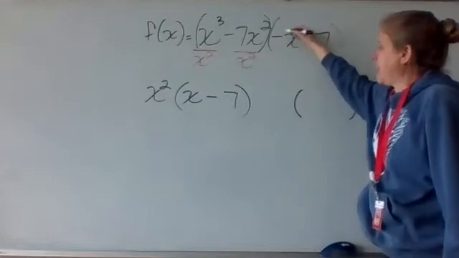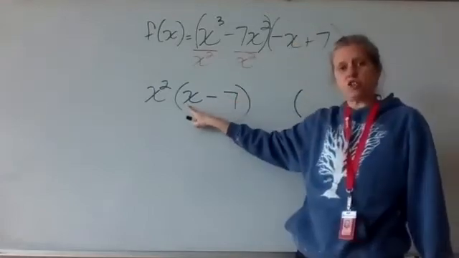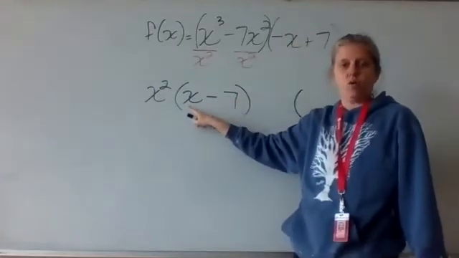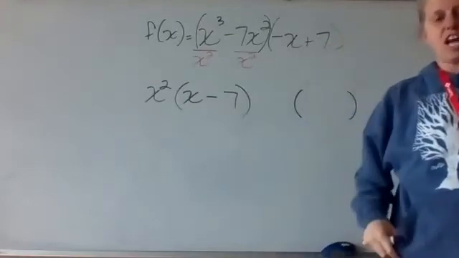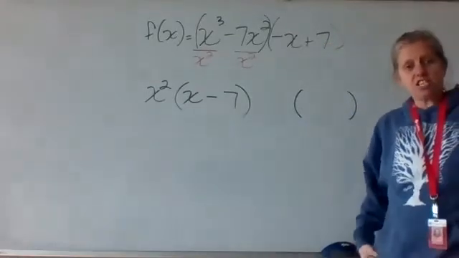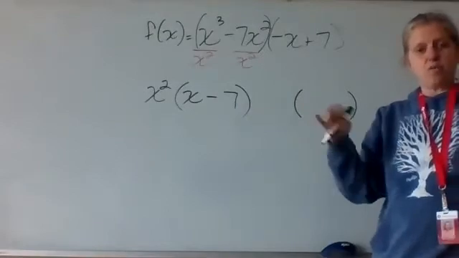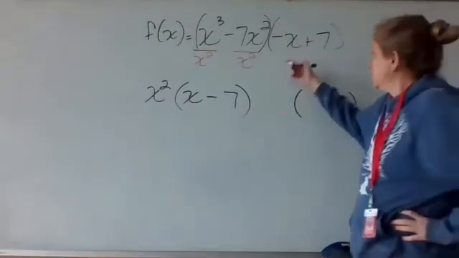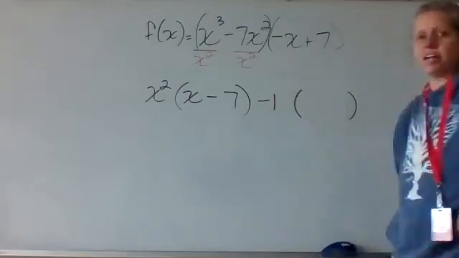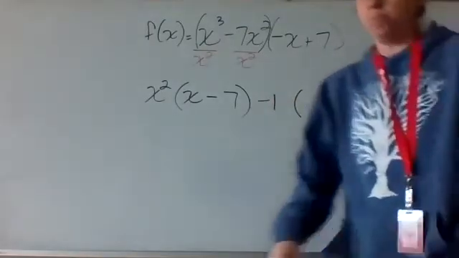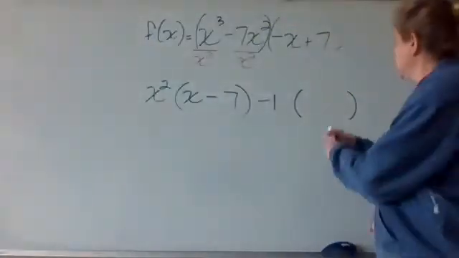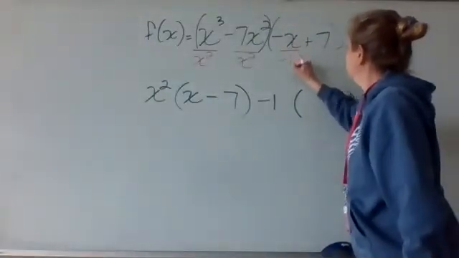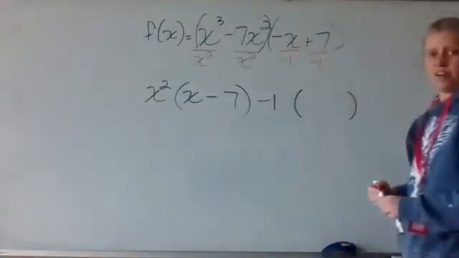So you can kind of just check it with the first term. This first term is a -x, and I need it to be a +x, which means I need to change the sign. What changes signs? Dividing by +1 or -1? Dividing by -1. So that's why I'm going to pull a -1 out of this second group, which means that's what I divide by.